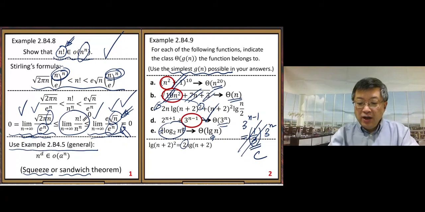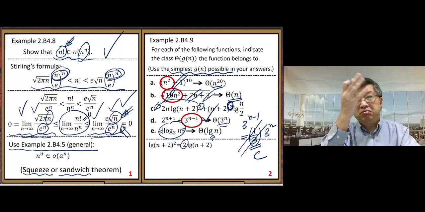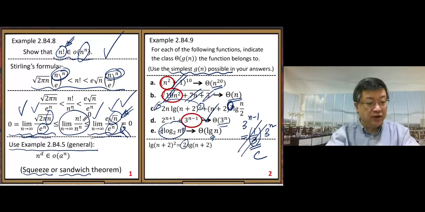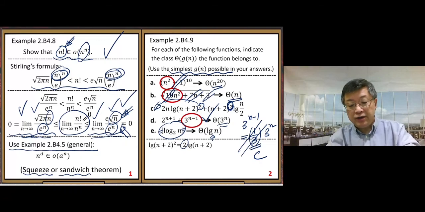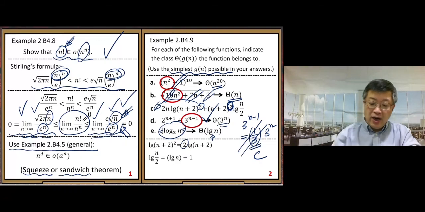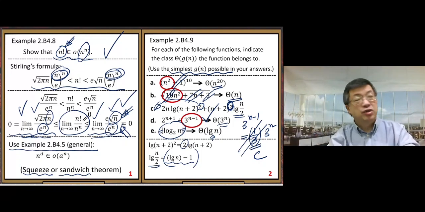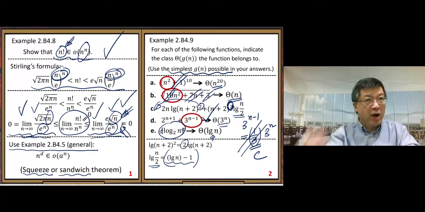The second one, you have this square, you cannot move it because it's not inside a log function. But log of n over 2, by the log property, is log of n minus 1. Division we can change to subtraction by the logarithm property.